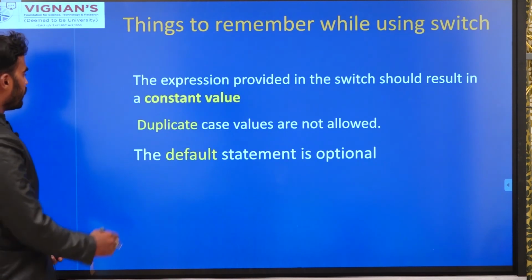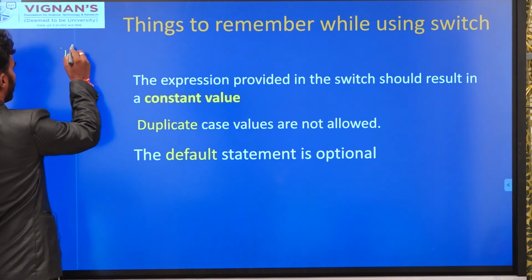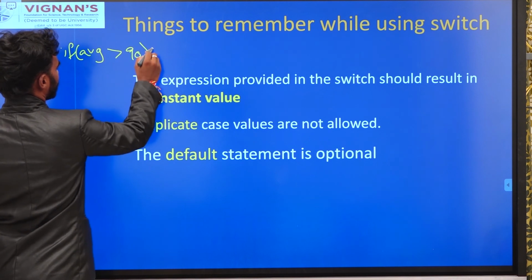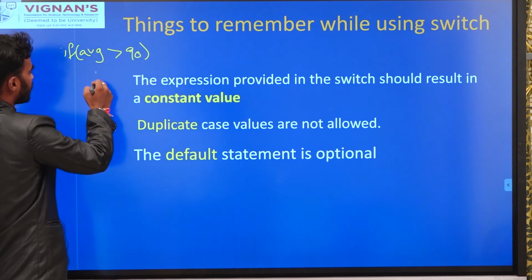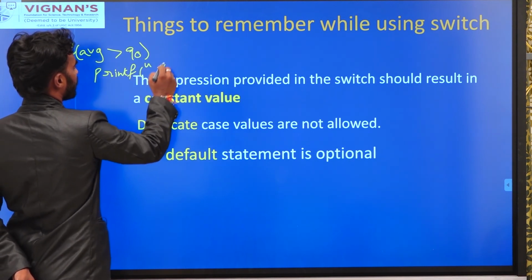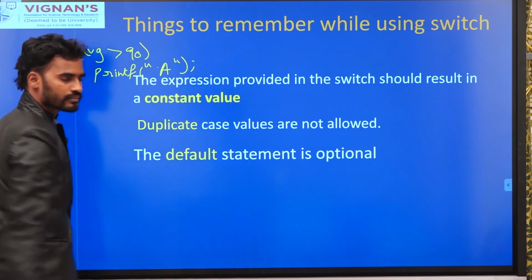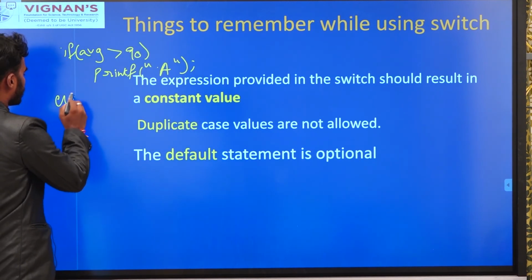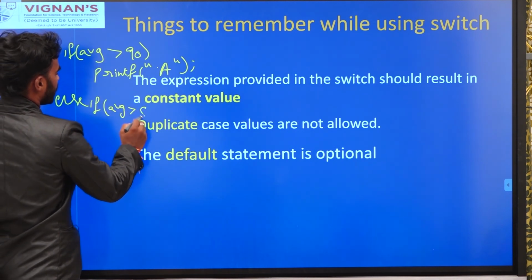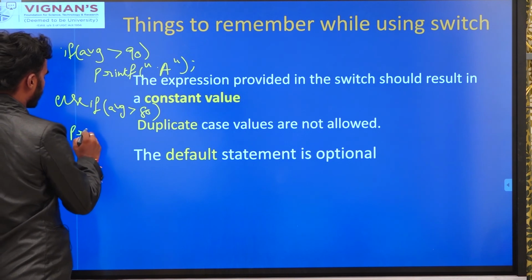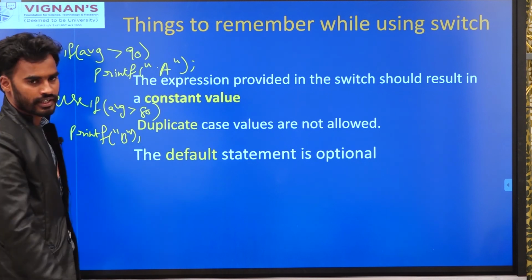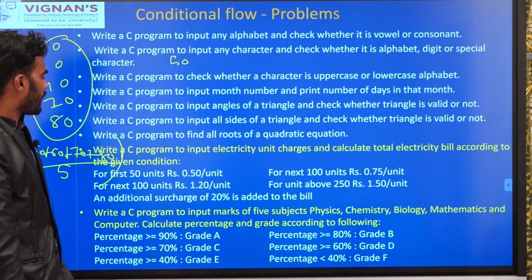If the average is greater than 90, print A. Else, if the average is greater than 80, print B. So like this you can solve these kinds of problems. These are some of the examples that you can practice.